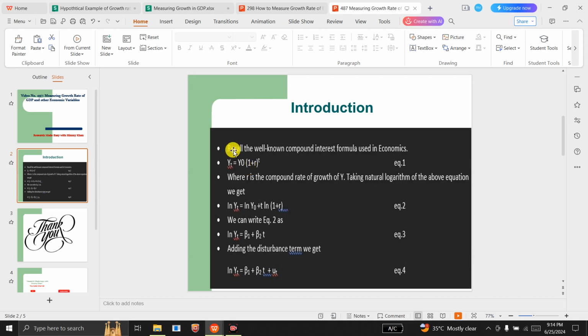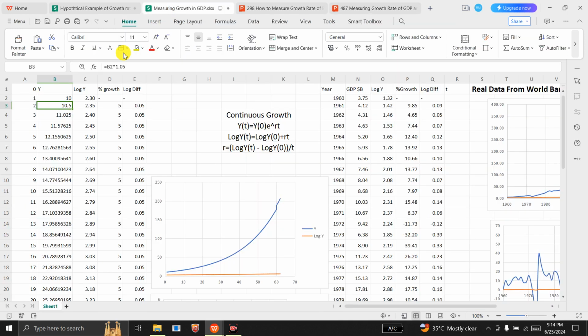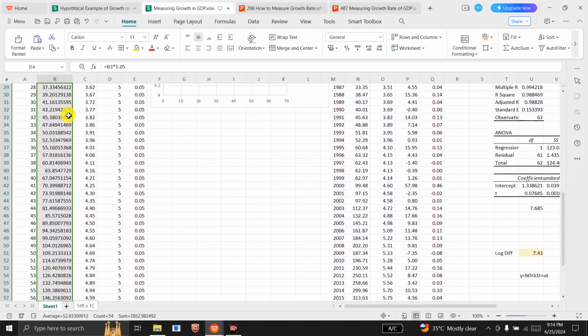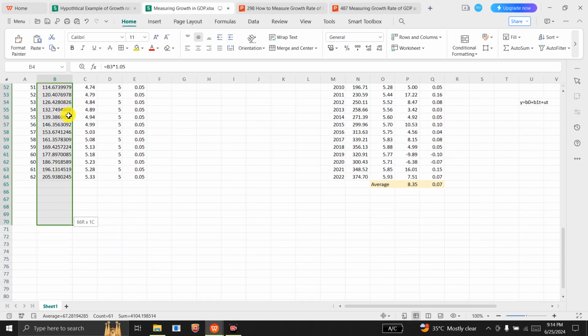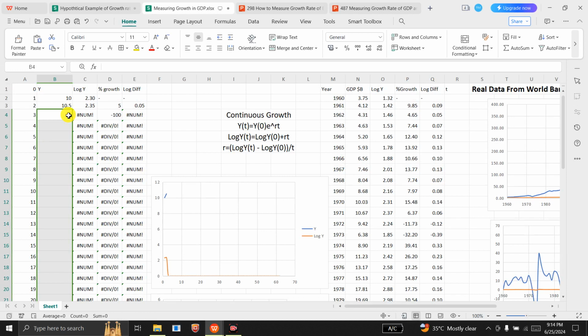So I get 10.5 for the second year, and let me also delete this and create it again. Okay, so this is the formula for this GDP, which from the first year has grown by 0.05, that is 5%.